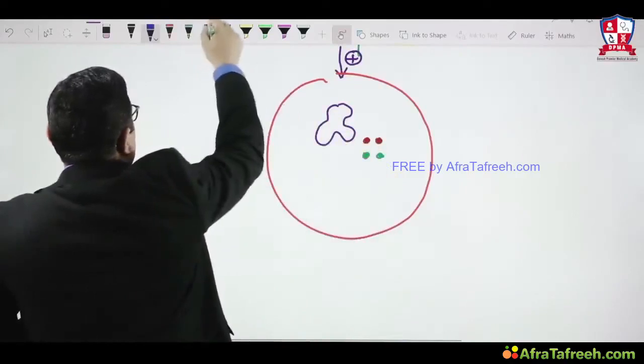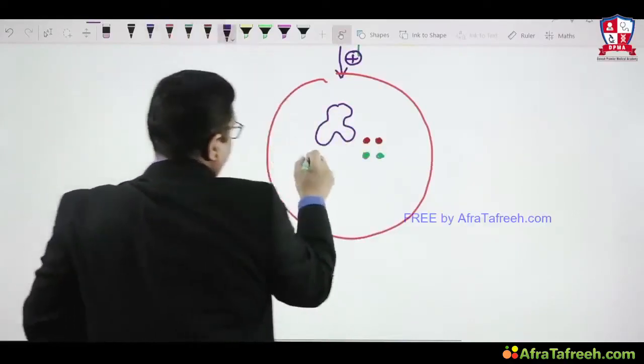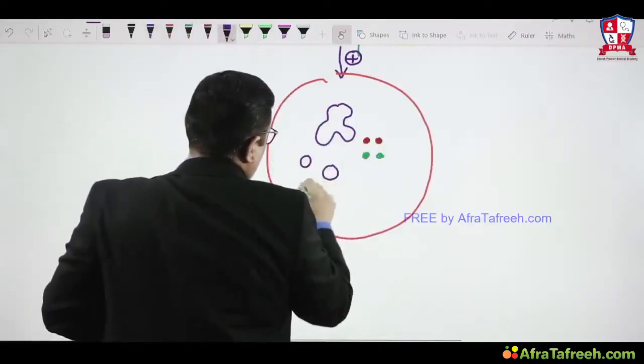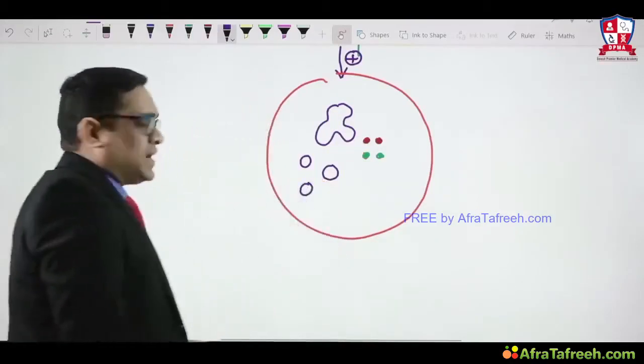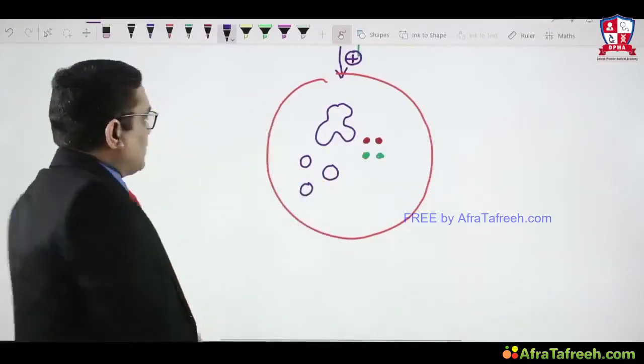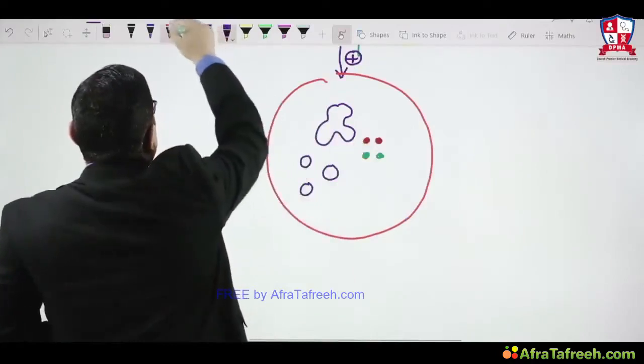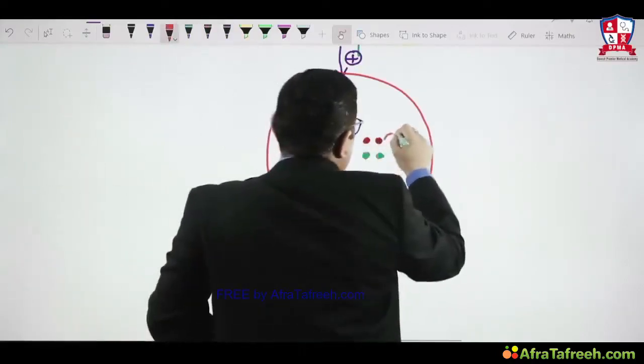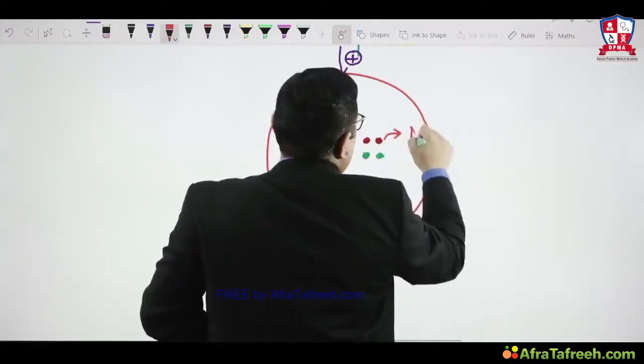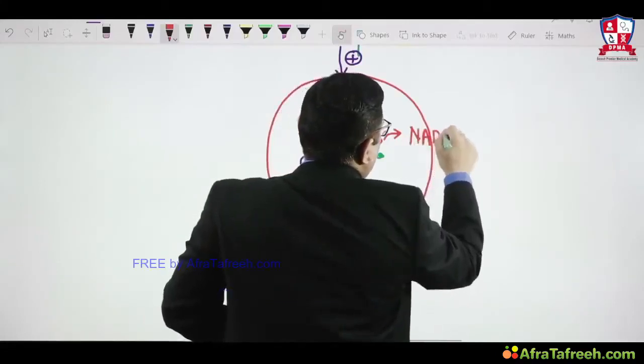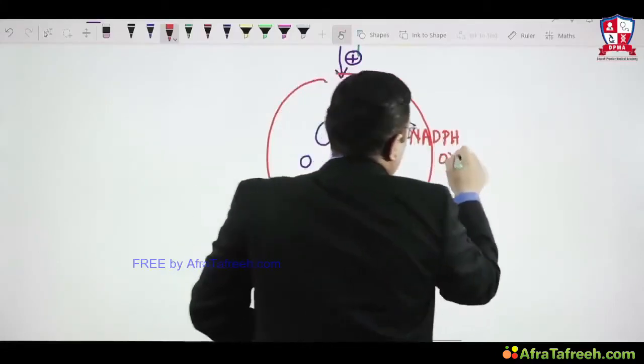And there are certain other granules which are like this. So these are the 3 types of granules I am showing you, right? While these 2 granules are actually enzyme granules, one is containing NADPH oxidase, right?